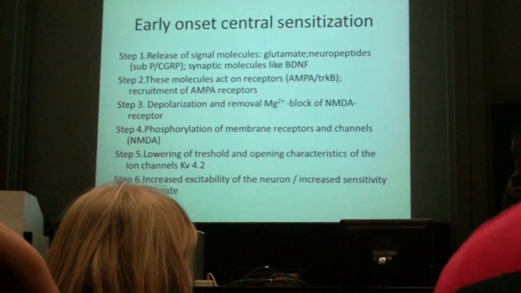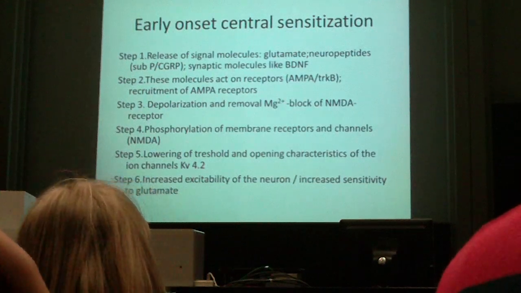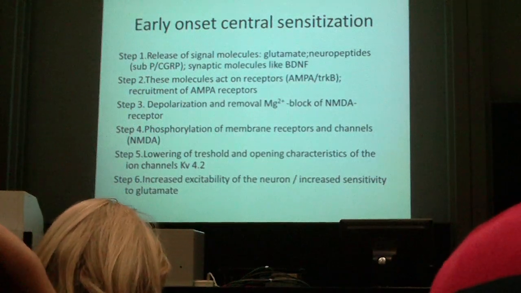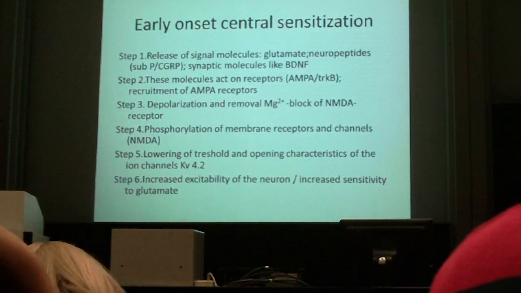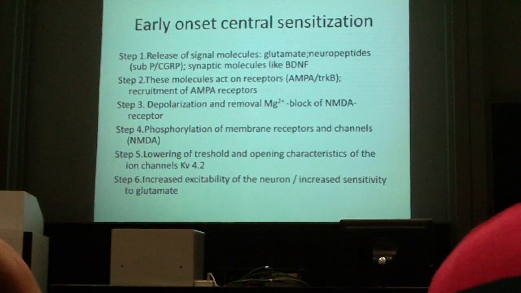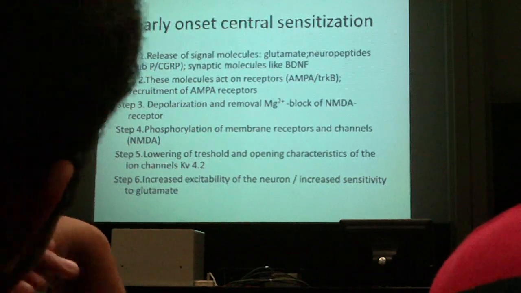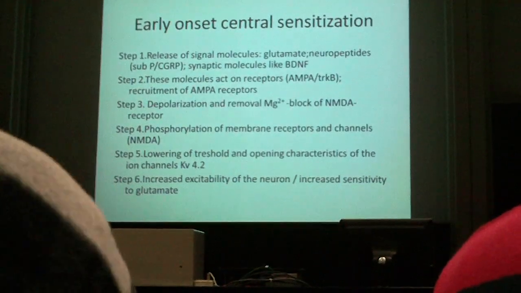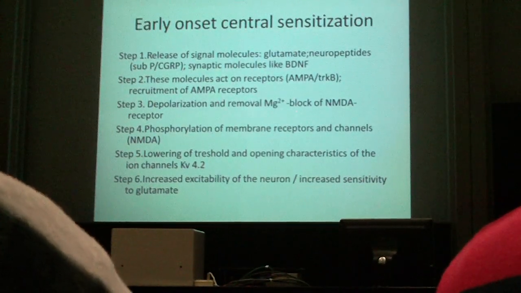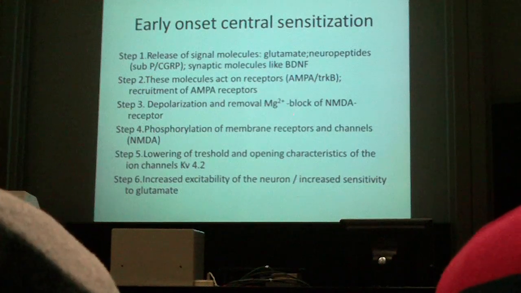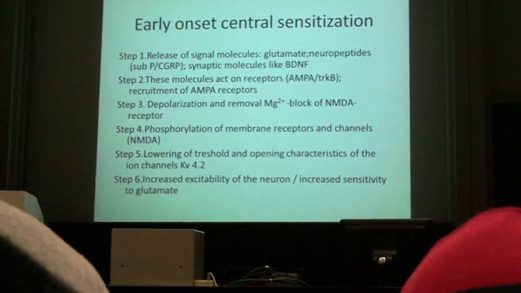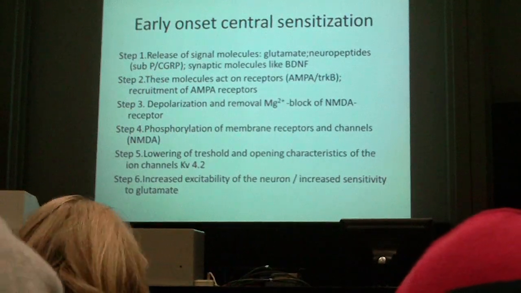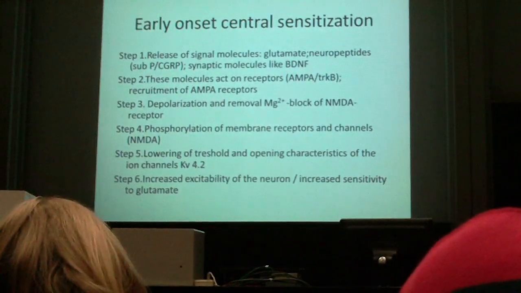Here again, the various steps. I mentioned them already. Release of molecules like glutamate, neuropeptides, BDNF, but here I'm talking about glutamate, act on receptors, recruitment of these AMPA receptors, removal of the magnesium block, and then finally phosphorylation of these NMDA receptors, which leaves these receptors open for a very long time.